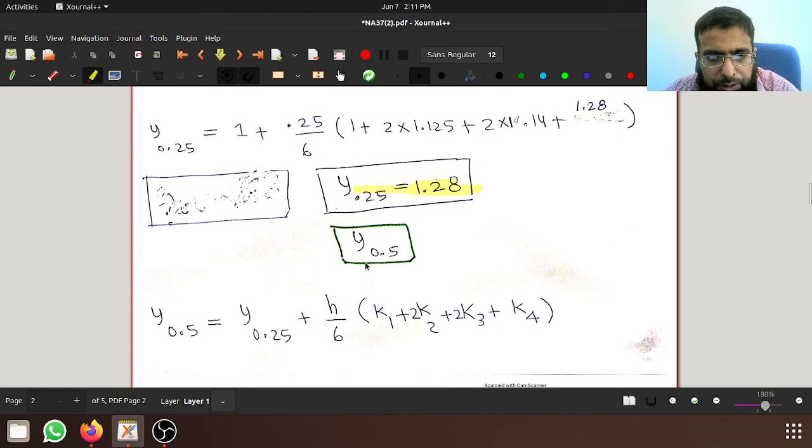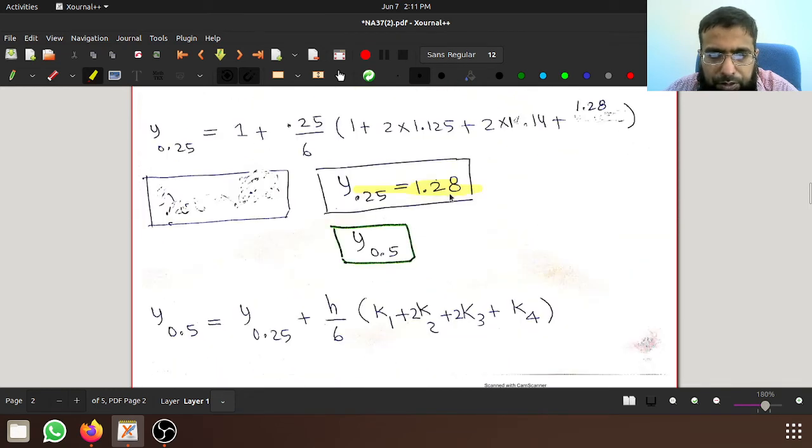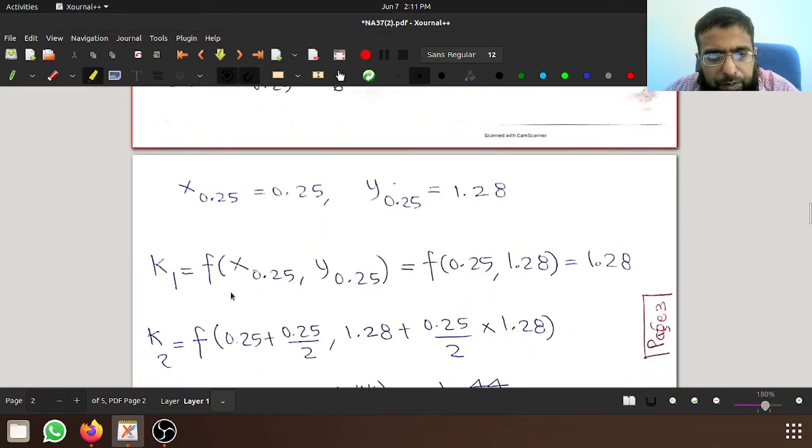Now we are going to take the second step to take us to y of 0.5. For that, the initial value is x equal to 0.25, and y of 0.25 is 1.28, which we have just calculated. And then k1 is f of x.25, y.25, where x.25 is 0.25 but y.25 is 1.28.